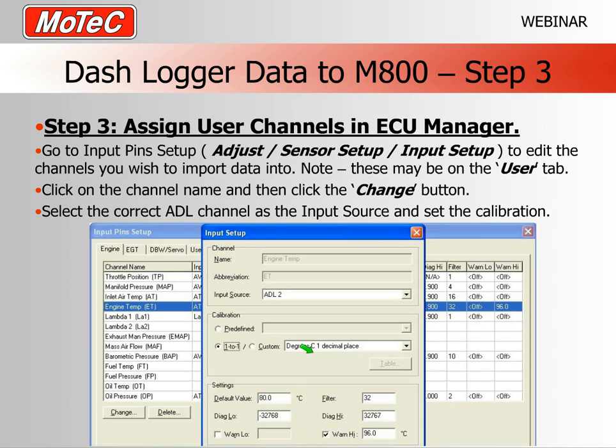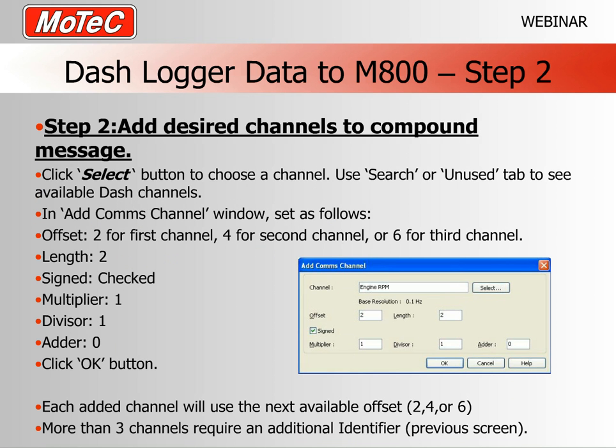That's because I'm bringing it in as a temperature, and in my Dash Manager, in fact, I neglected to show you, but we can go back and have a quick look at that. I'll do that right now. If we just go back to our Dash Manager setting, one thing I forgot to mention, unfortunately, this is adding the channel. In this case, it's engine revs, but it could have been the engine temperature.